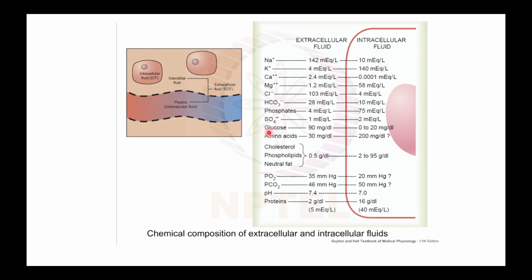Similarly, in the case of glucose, in the bloodstream or the extracellular fluid, the glucose concentration remains at 90 mg per 100 ml of the blood, and inside the cell we have 0 to 20 mg per 100 ml. So there is a huge difference, and the cells should maintain a certain limit of particular components.